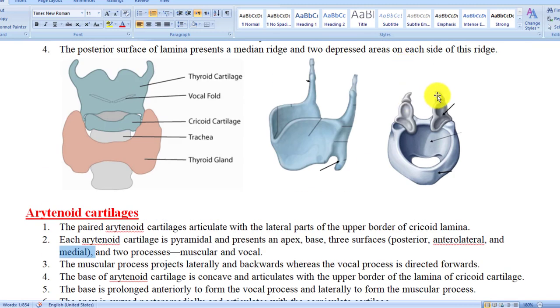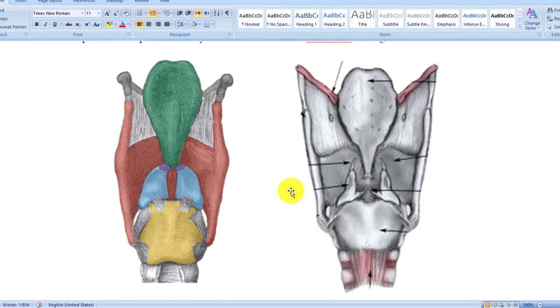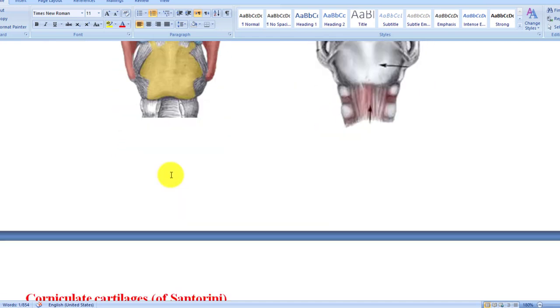These two small cartilages are called the corniculate cartilages. You can see them also here. These are the corniculate cartilages, small ones, and these are the arytenoid cartilages.